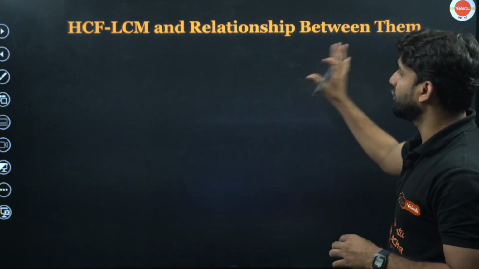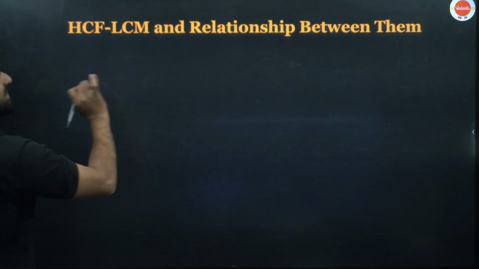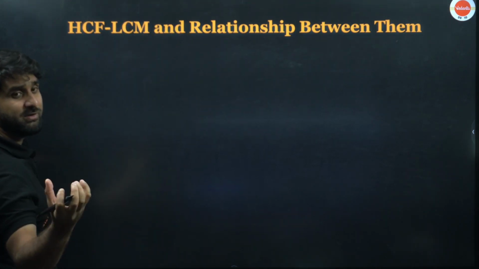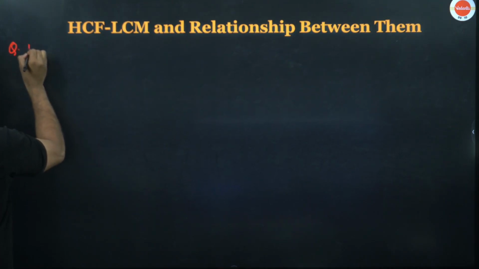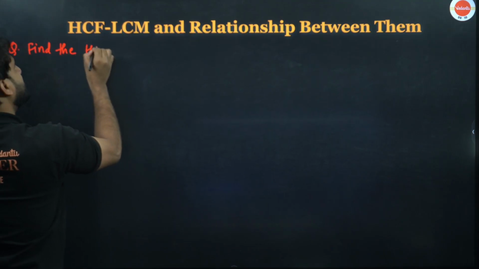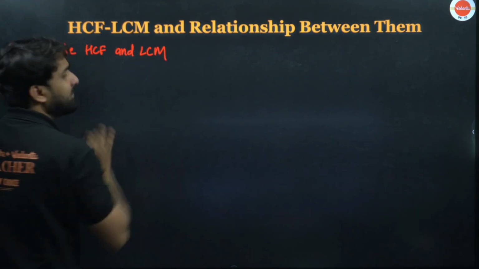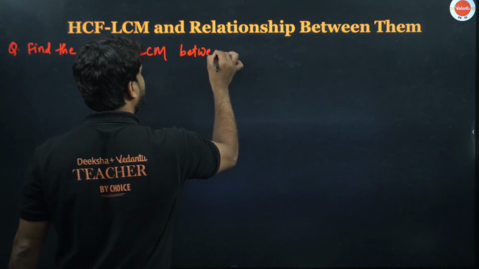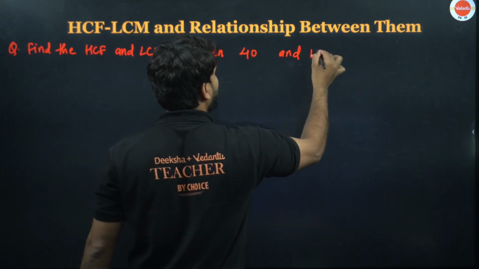Yeah. So let's study HCF and LCM and the relationship between them. My dear champion, to understand this particular topic, we require two integers. So I'm taking two integers. Question: find the HCF and LCM between 40 and 150.